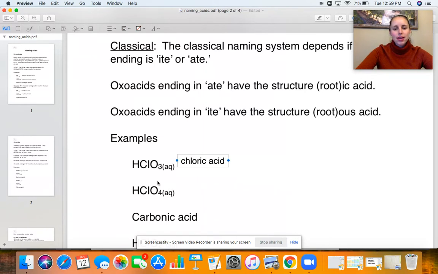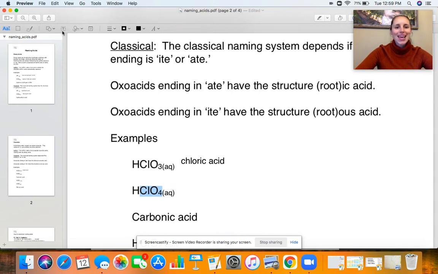Now I'm going to try the next one. I'll do the next one with you and then maybe try to pause the video and try a couple of these on your own. So again, how do I know this is an acid? I know it's an acid because it's got a hydrogen in front and it's got that aqueous. So I need to figure out what this polyatomic compound is. It's got an oxygen, so I know it's an oxo acid. If I look at my polyatomic chart, I'm going to find that ClO4 is an example of perchlorate.